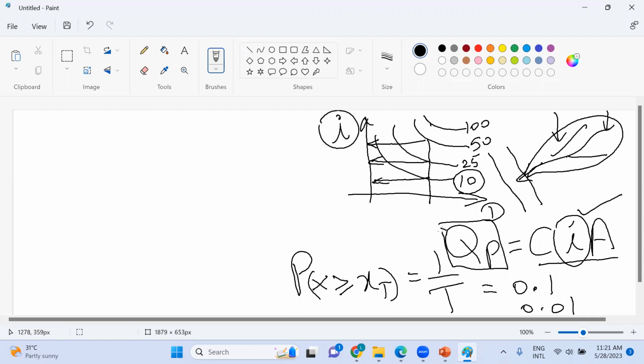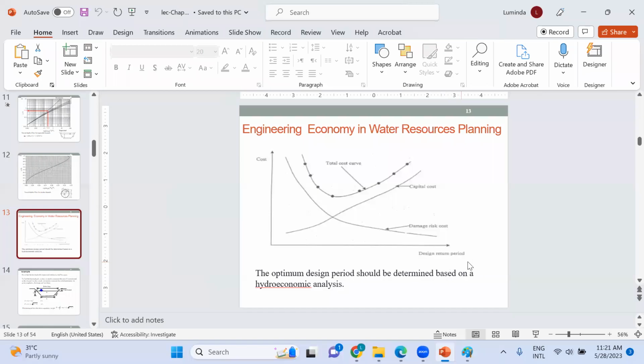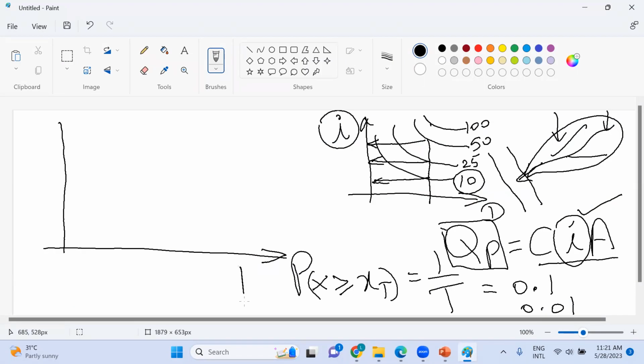So if you plot the relationship between the risk, as you see here, this is the design return period, T, and then the damage that happened. If you use a smaller return period in your design, then the damage somewhere here can be very significant.